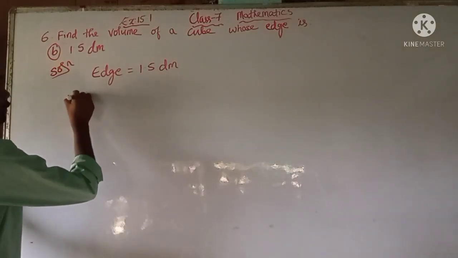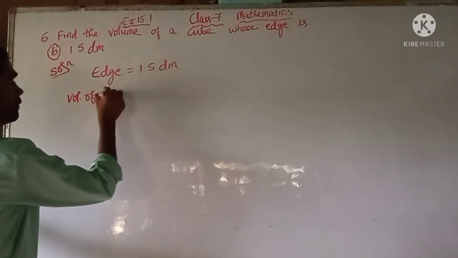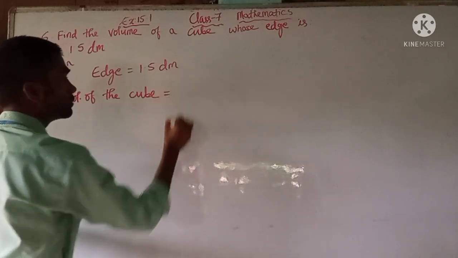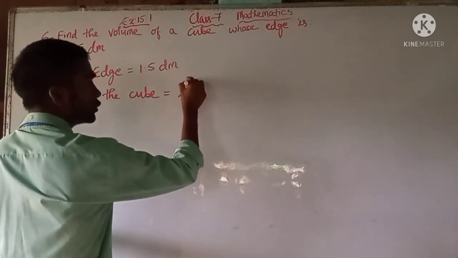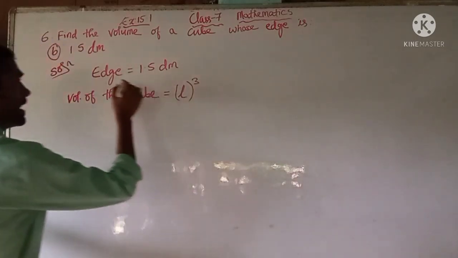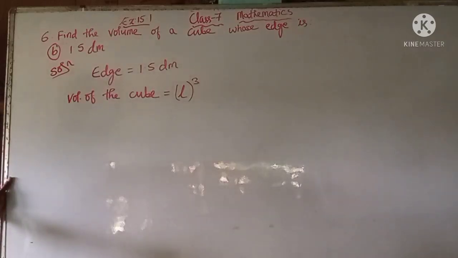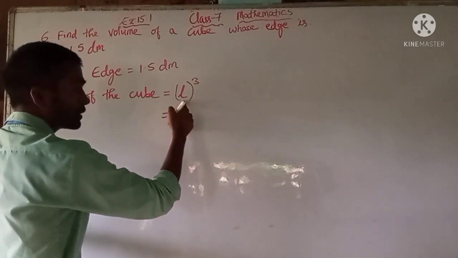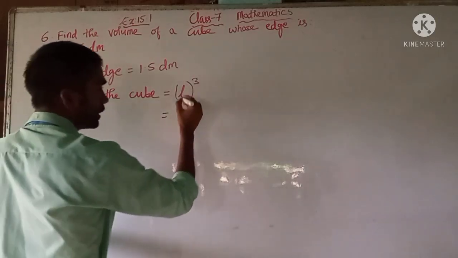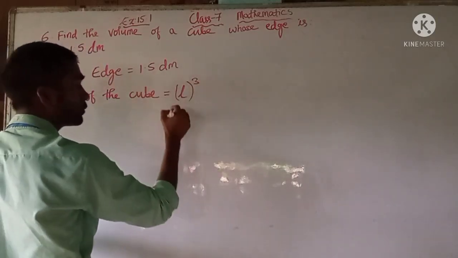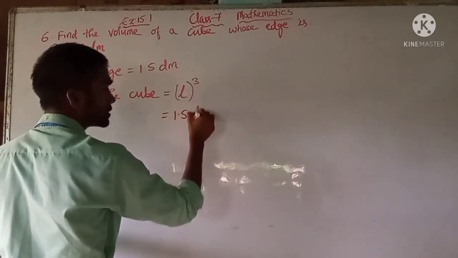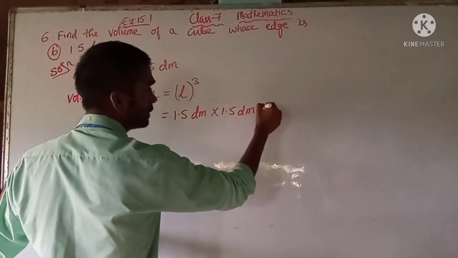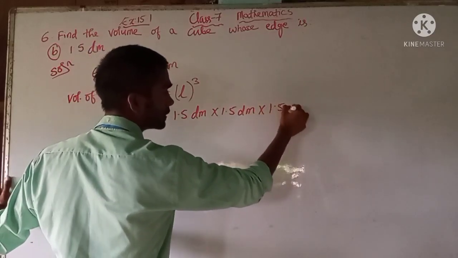So volume of the cube is equal to L cube. The edge given is 1.5 decimeter, that we will take as L, or you can write H cube also. So L cube, that means 1.5 decimeter into 1.5 decimeter into 1.5 decimeter.